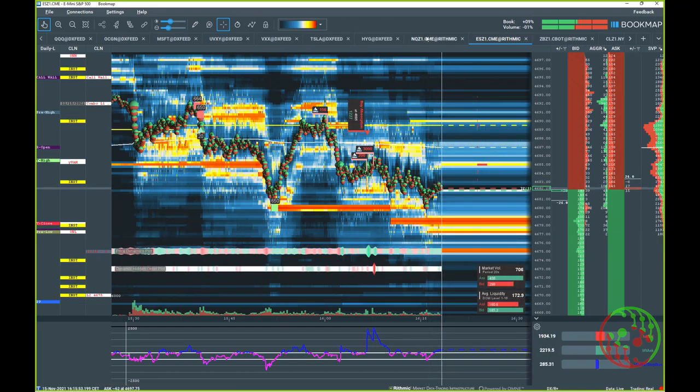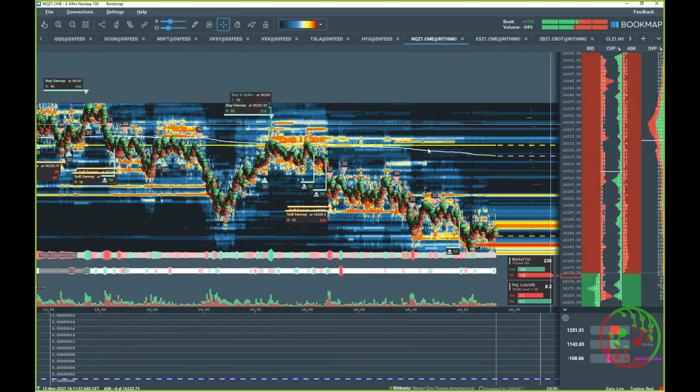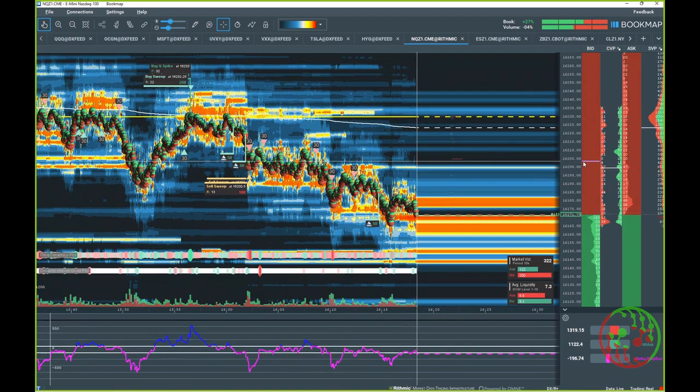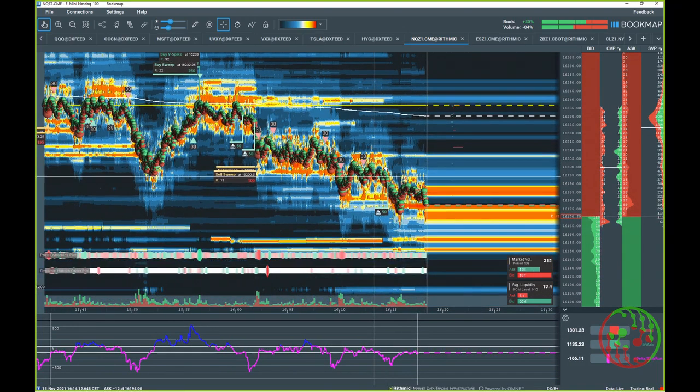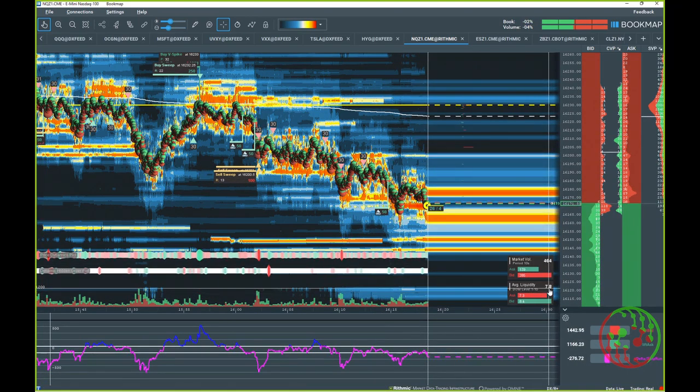Now let's compare it to the NQ. The same picture. The only difference is I don't have the quotes delta because it's extremely fast, but it doesn't matter. Let's extend it for the NQ, and you see the difference, how thin this market is. Average liquidity 7, 10, based on the first 10 levels.